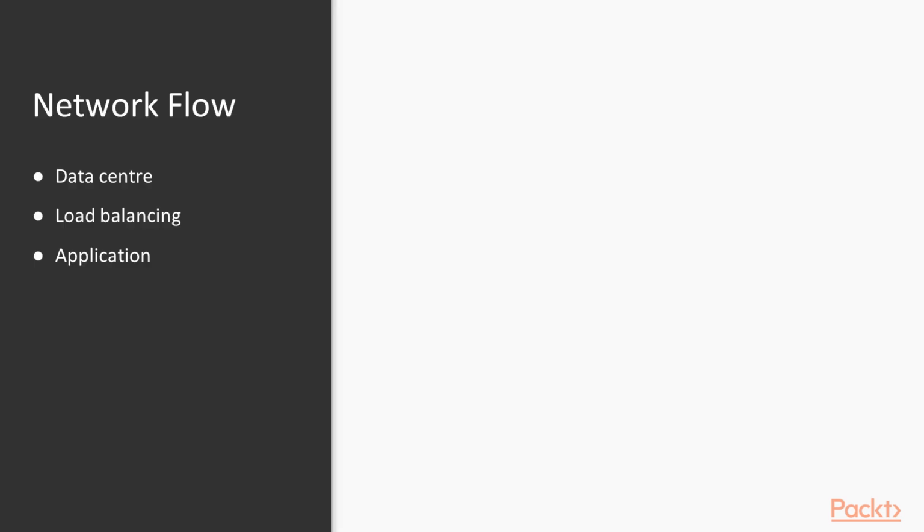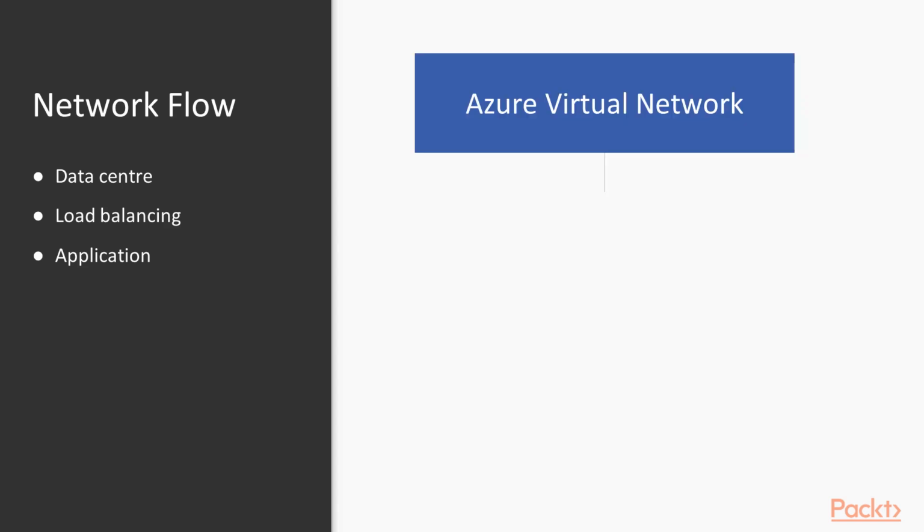Just the way we discussed Azure Functions, in a similar fashion, let's take a look at how our application receives a request and at which levels we can integrate security policies. At the first level, Azure Virtual Network controls the overall data center network flow, and it can be used to enforce policies throughout the region.